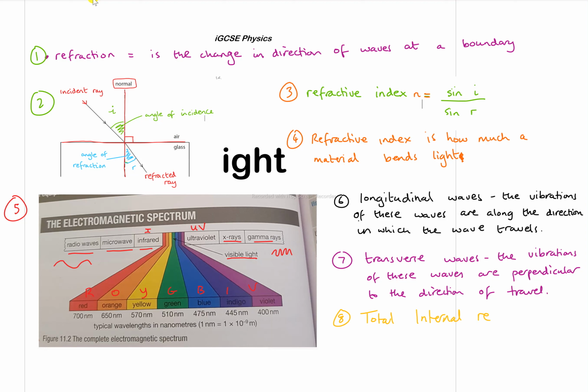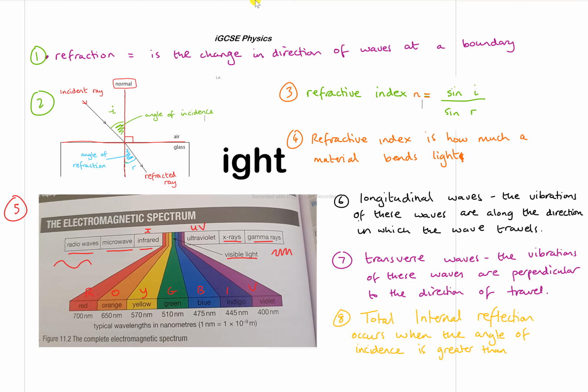Total internal reflection occurs when the angle of incidence is greater than, if it's equal to, you get the refracted ray running along the boundary, but we can do that if we come across it.